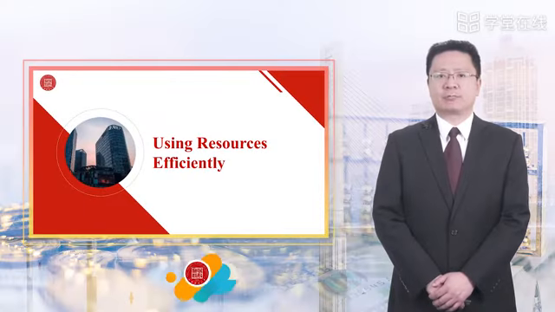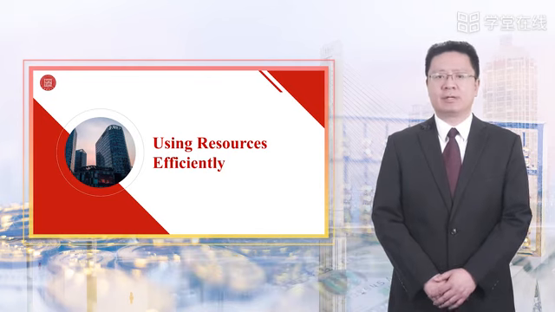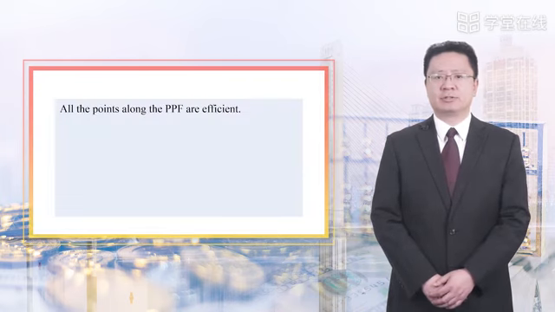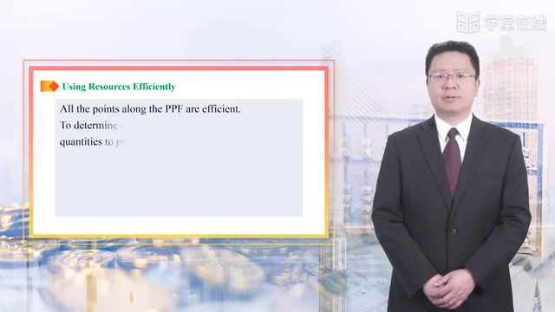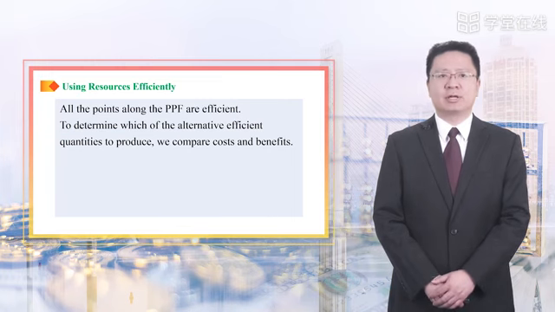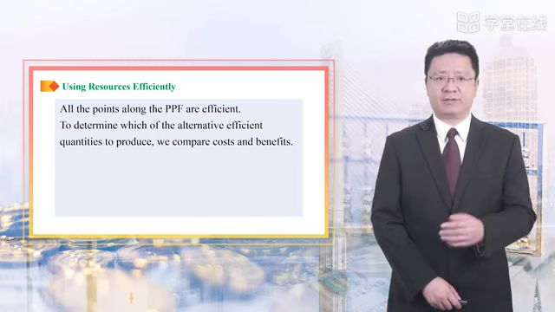We achieve production efficiency at every point on the PPF. But which point is best? The answer is the point on the PPF at which goods and services are produced in the quantity that provides the greatest possible benefit.